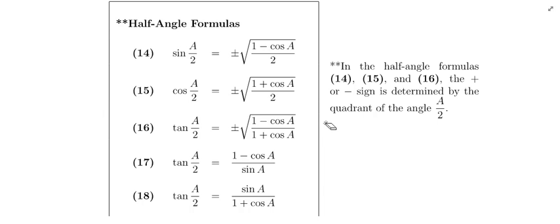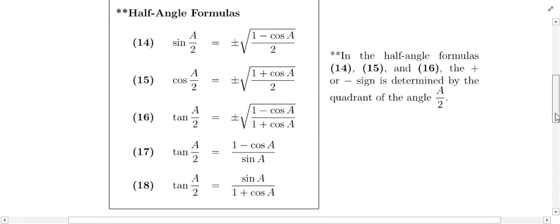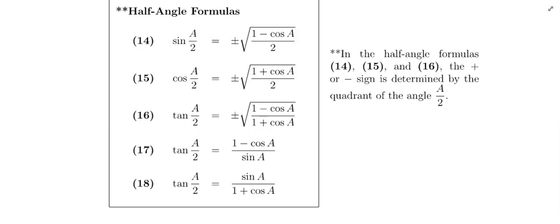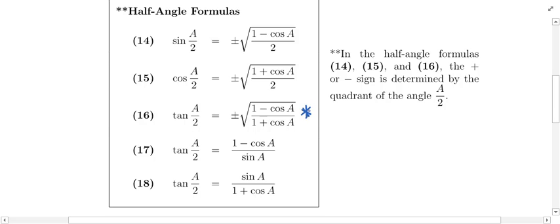Equation 17 is another half angle formula for tangent. Tangent of the angle A divided by 2 is equal to 1 minus the cosine of A, all divided by the sine of A. And then lastly, in equation 18, we have a third half angle formula for tangent. The tangent of the angle A divided by 2 is equal to the sine of A, all divided by 1 plus the cosine of A. In reference to tangent having 3 different half angle formulas, equation 16 is the most complicated.